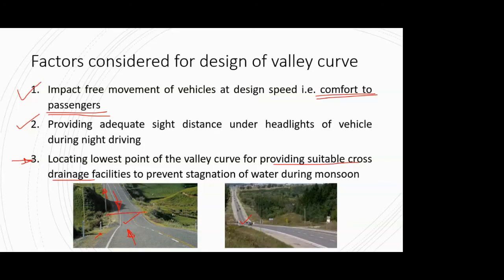If it gets stagnant with water, the driver coming from any direction will not be able to make out what is actually there. And if unfortunately there is a pothole there, there are chances of an accident, which can also be a fatal one.